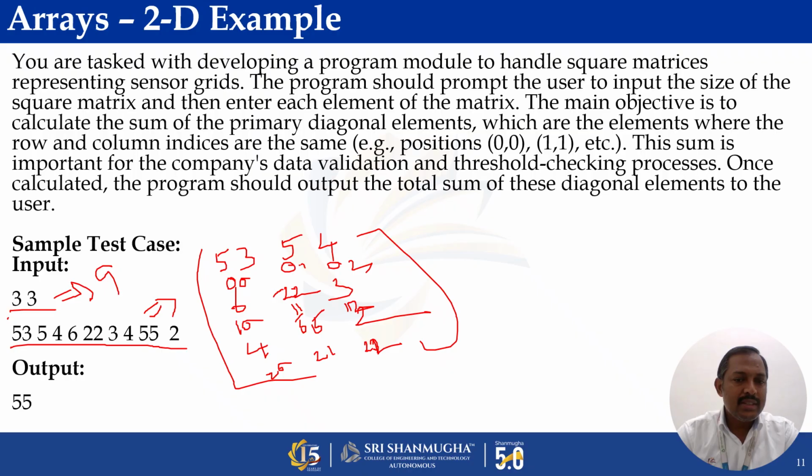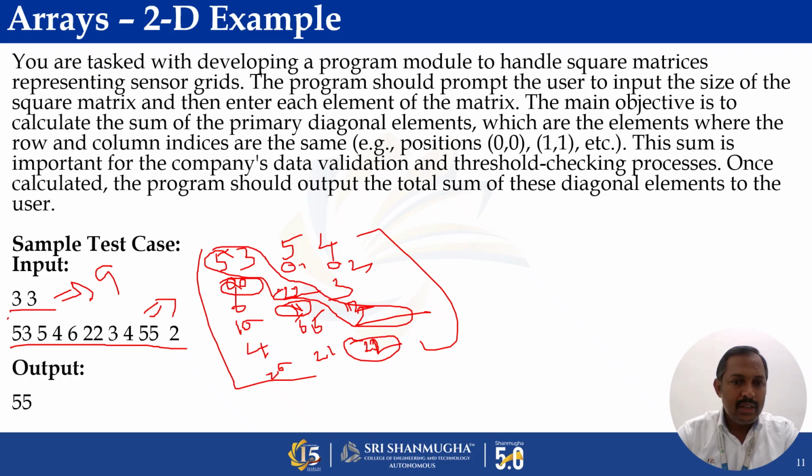Within this, 0 0 and 1 1, where row and column index values are the same, should be added. So these three values need to be added: 53 plus 22 plus 2.